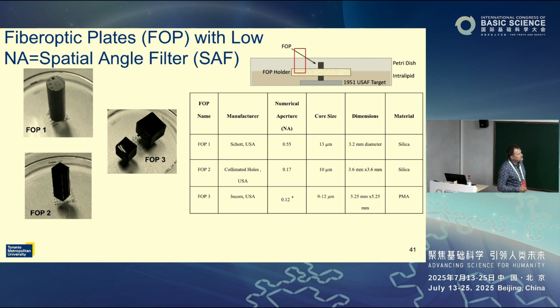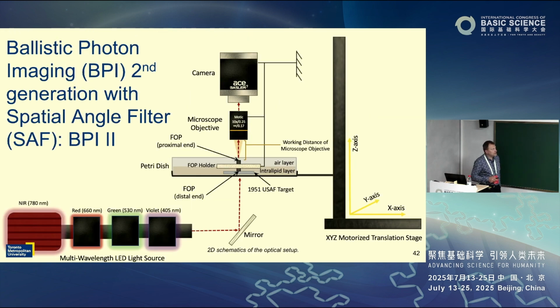And we placed the fiber optic plate either close to the subject, and we were reading that out, or we glued the fiber optic plate directly on the chip. And we were trying to figure out, okay, so what works better? So this is our schematics for the second approach.